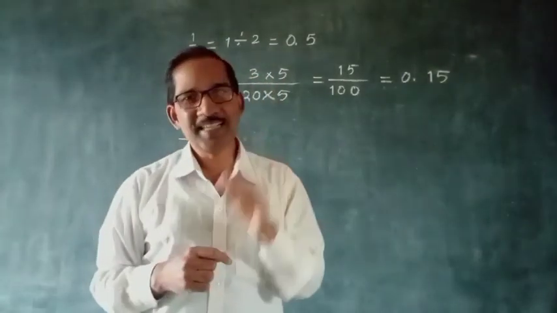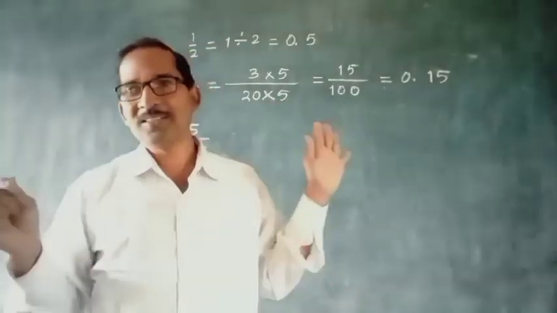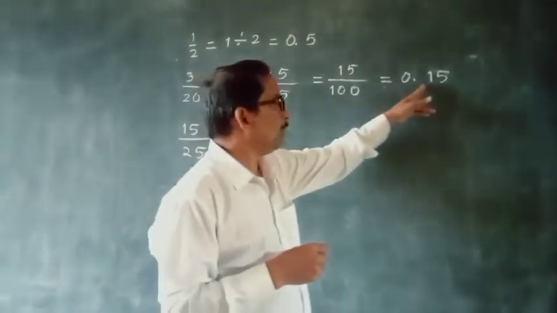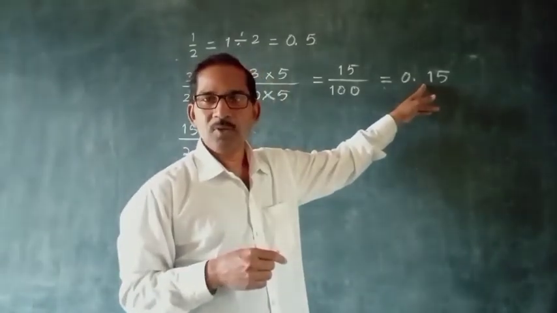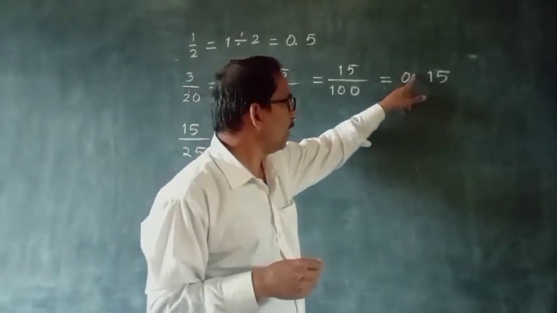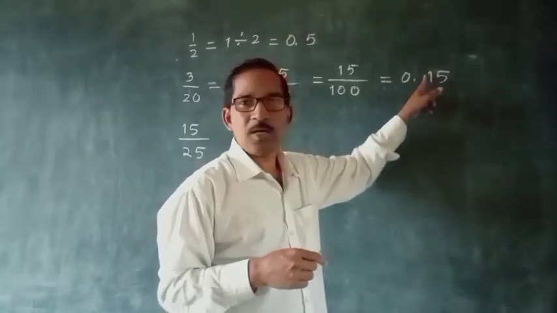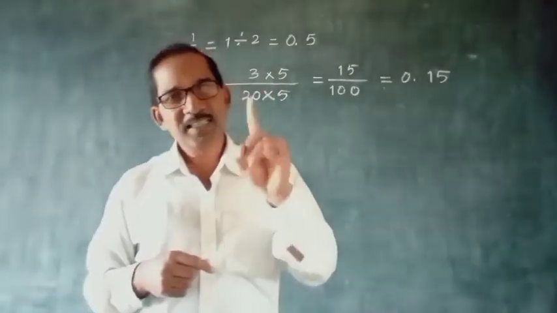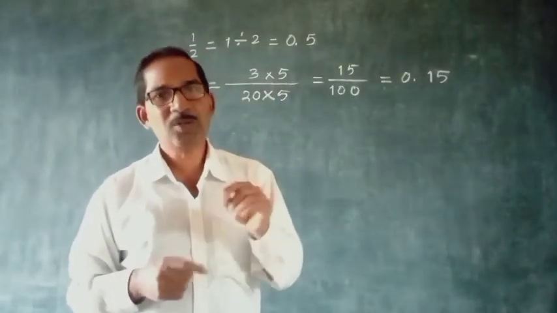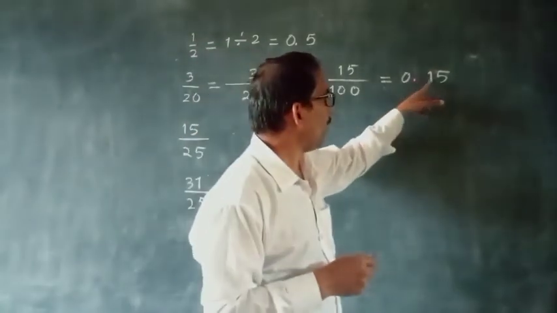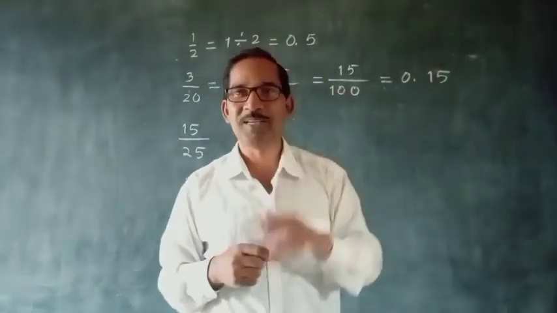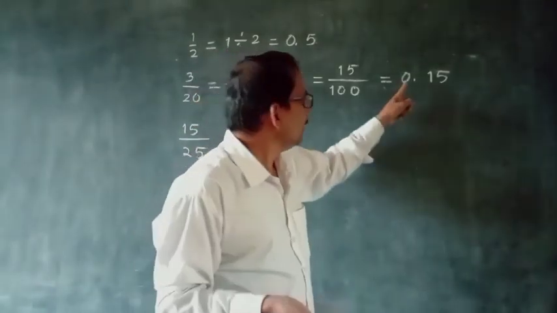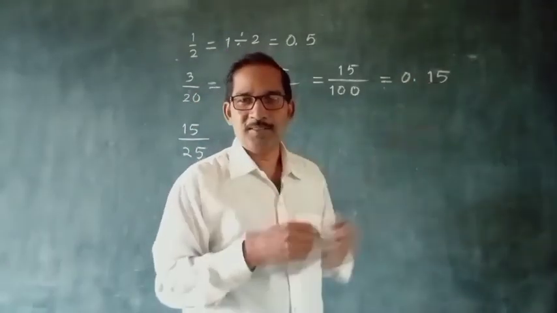After putting the decimal, you cannot read the number as usual. That is, after the decimal point you will not read it as a whole number, you will read it digit by digit. You will not read 0.15 as zero point fifteen. If you read it that way, you will be wrong.